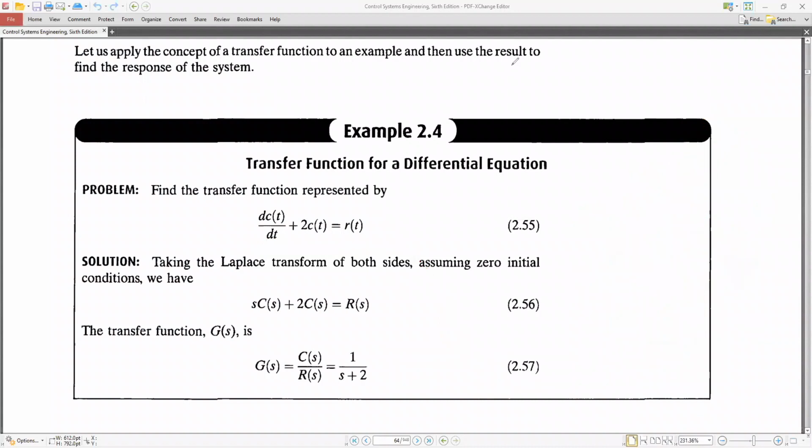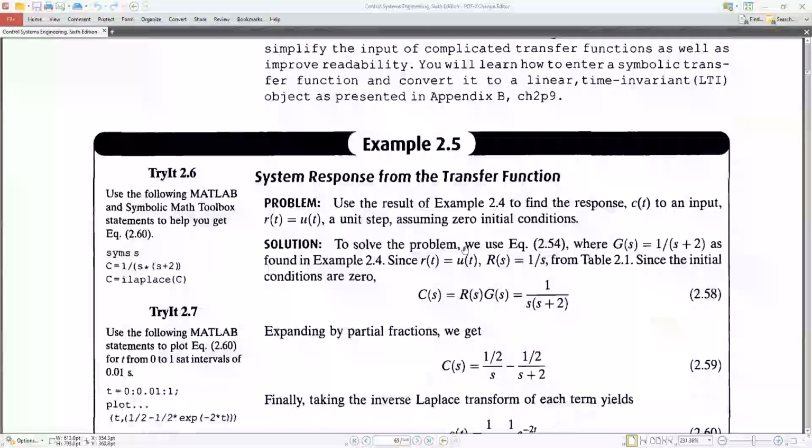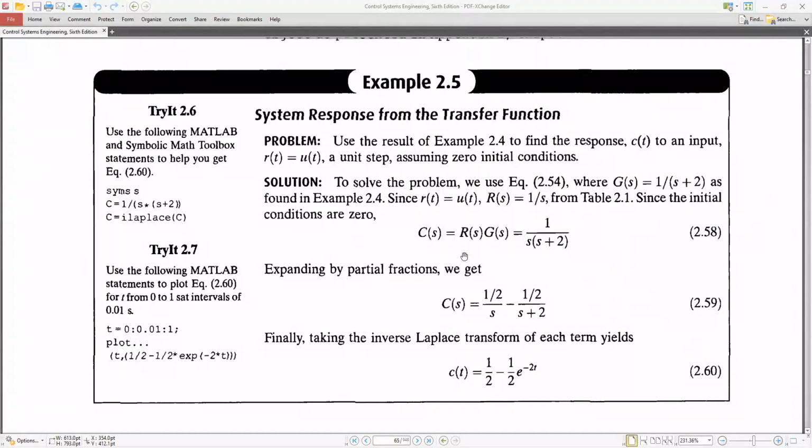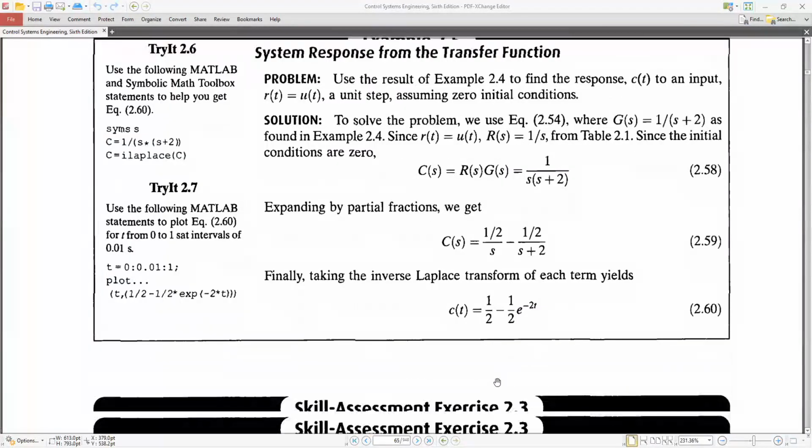Okay, then see what they did. I think I have shown this one. Do you remember this? Just take the partial fraction, then you can do the job. Taking the inverse Laplace transform, you can solve it.